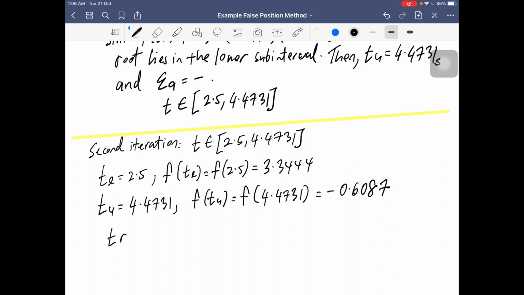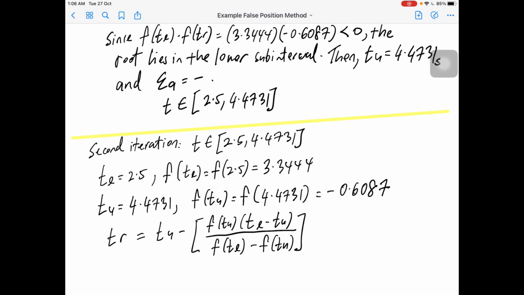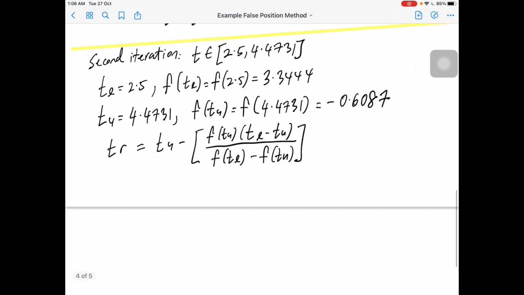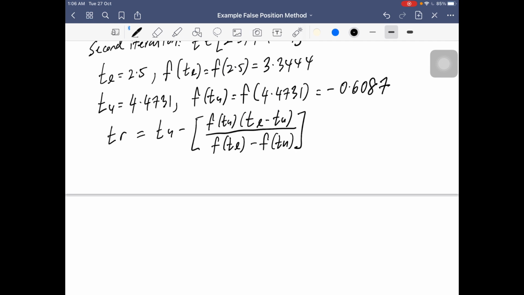Okay, so now we calculate our TR. TR is equal to TU minus FTU times TL minus TU over FTL minus FTU. Okay, so now we substitute the values.